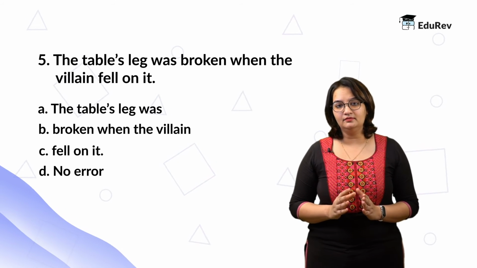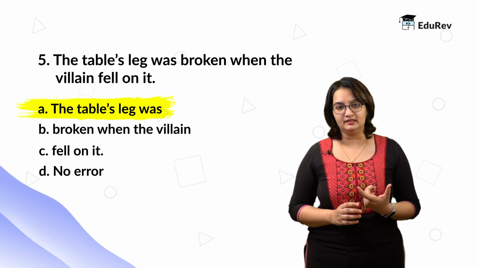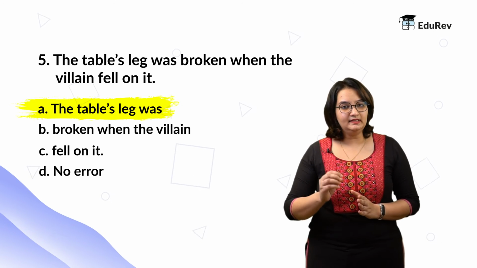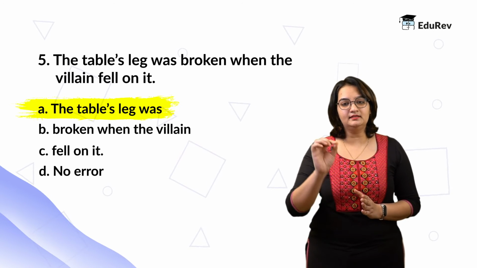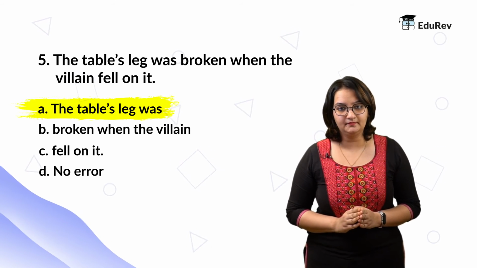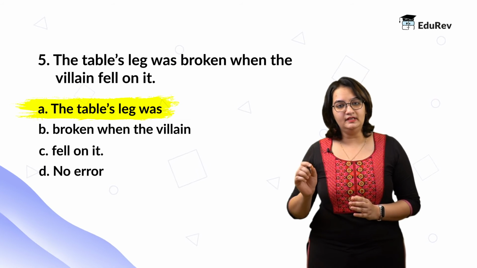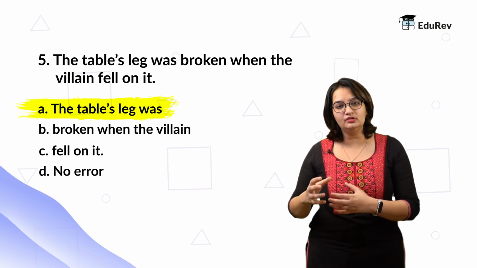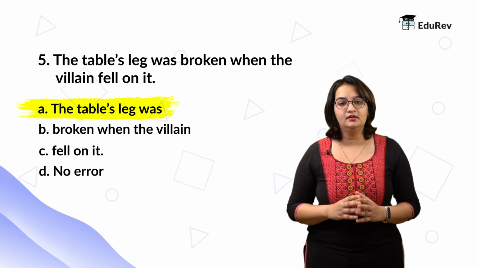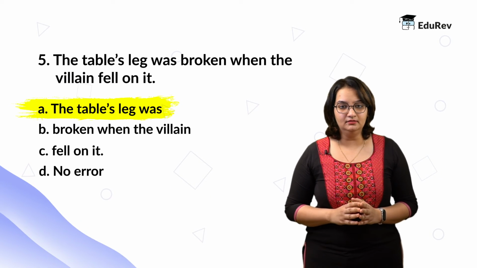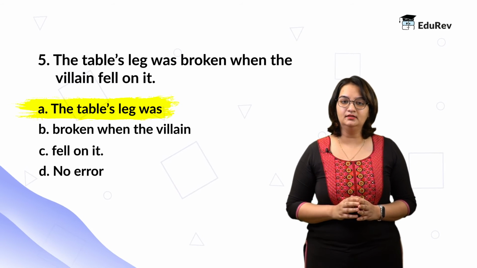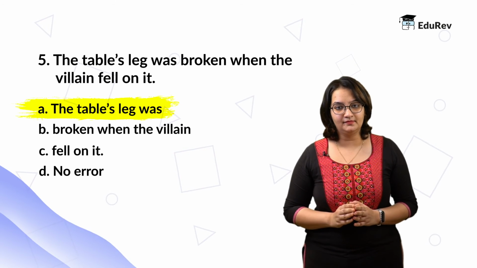Here in the statement, when we look at the first part of the statement, we see that the table's leg is being mentioned. Whenever we use apostrophe S, we use it to show some kind of possession. For example, the cow's tail, the mosquito's buzzing, or Rajni's car.